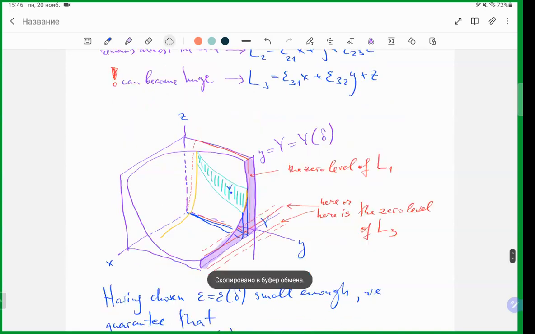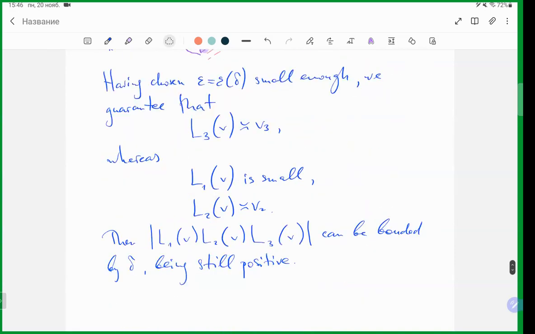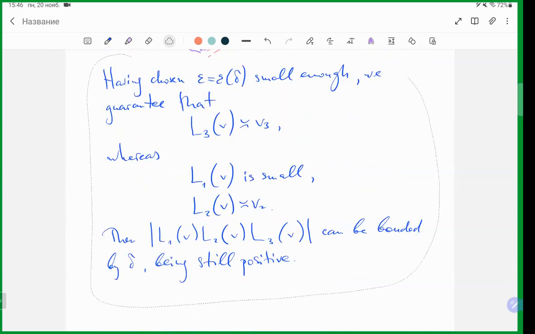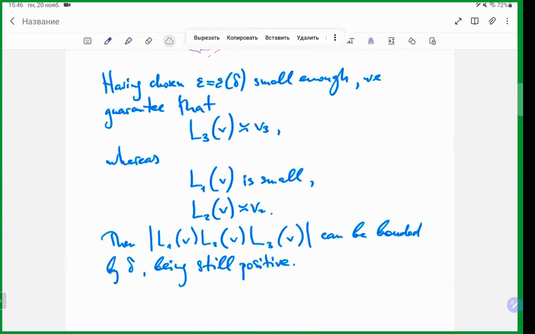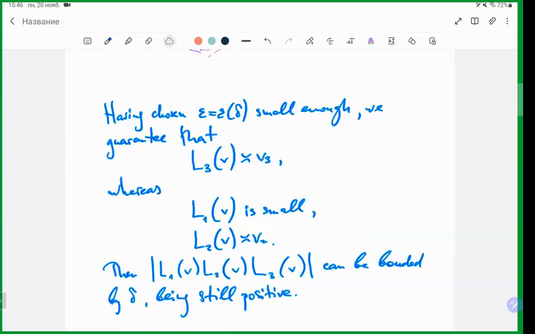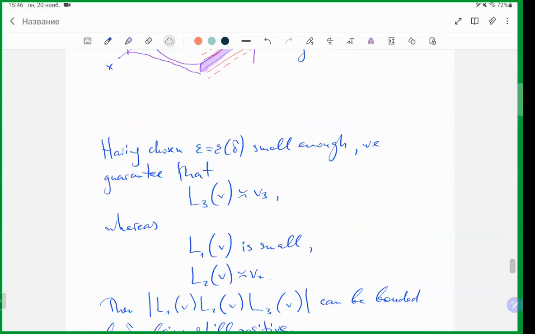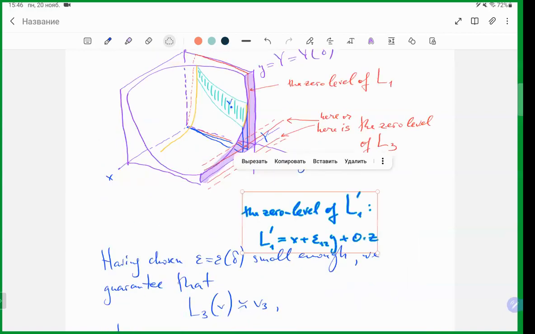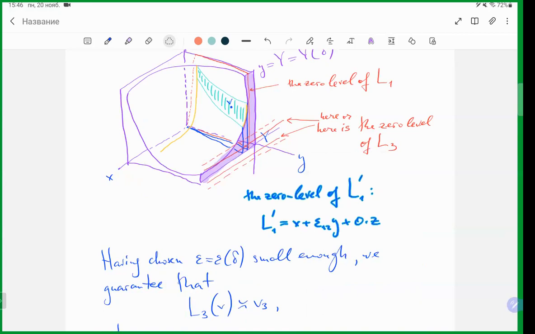I should pull it down a bit. So this is the zero as previously. This is the zero level of L1 prime, this simplified form, right?